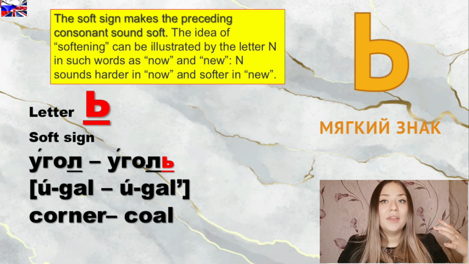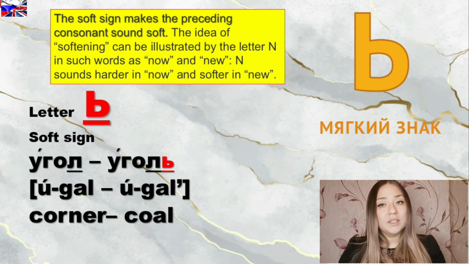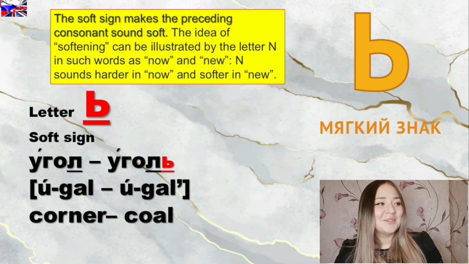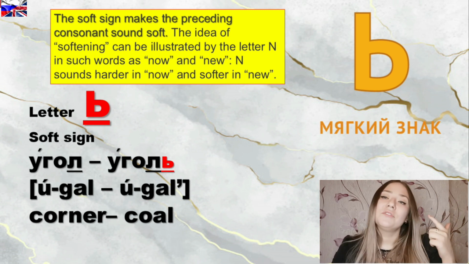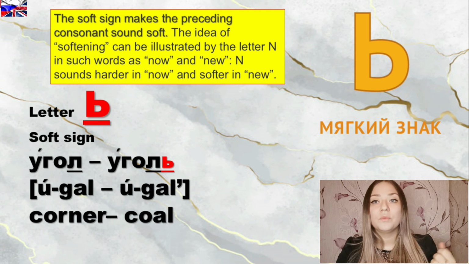It makes the consonant L sound softer, right? Уголь means coal. You see, totally different meanings, but these words look quite the same, right? So just listen to the difference, how different they sound. Угол, уголь, угол, уголь.